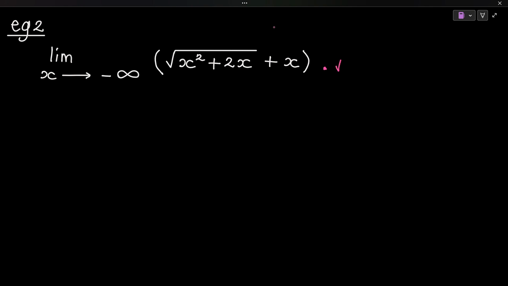So applying that rule, we are going to multiply this function by the square root of x squared plus 2x minus x. Remember, the sign in between the two terms changes, and that is going to be over itself.